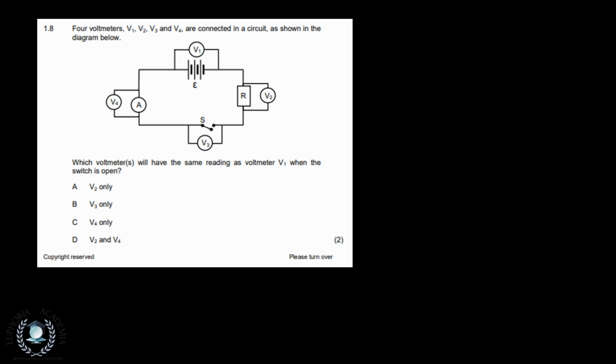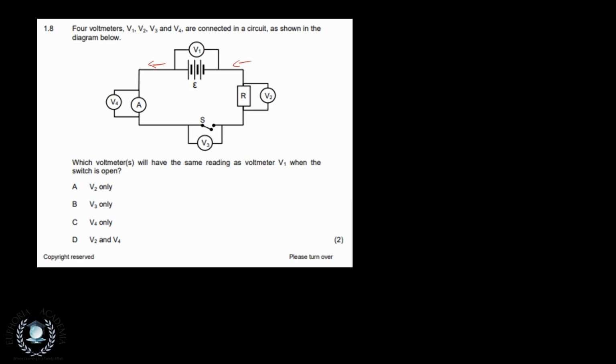It will measure the potential difference if you follow conventional current, which flows from the positive terminal of the battery. So it will flow in this direction all around the circuit, and then it will come back to the negative terminal of the battery.